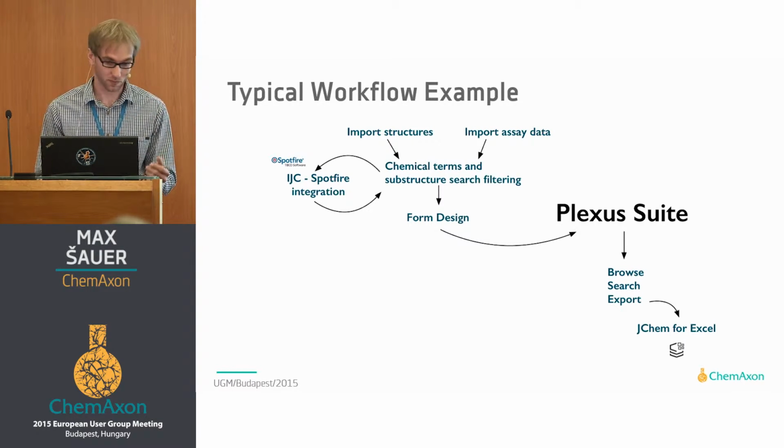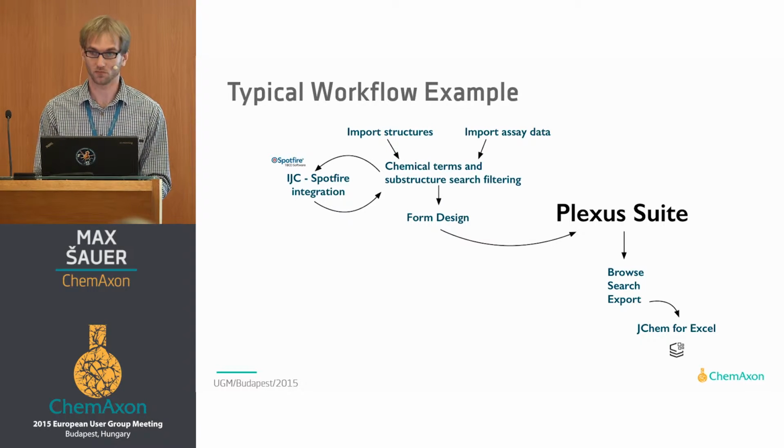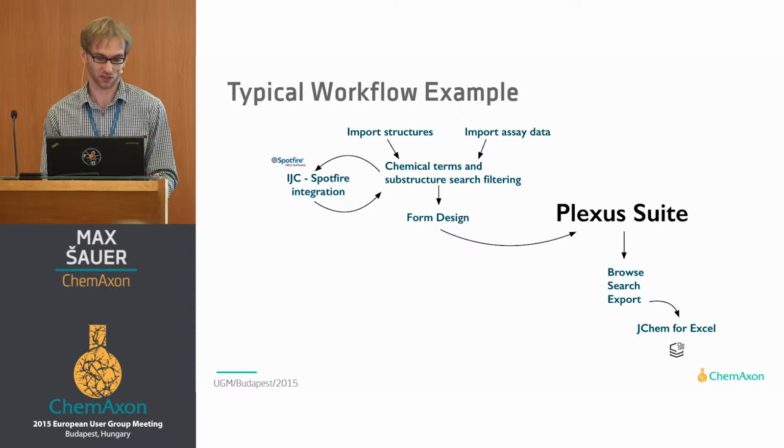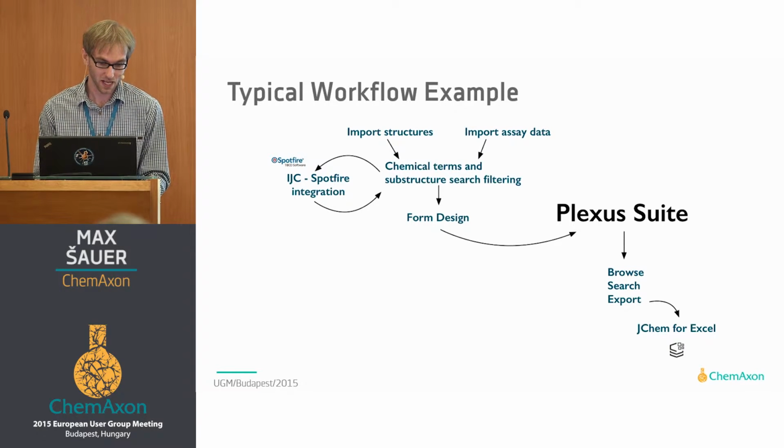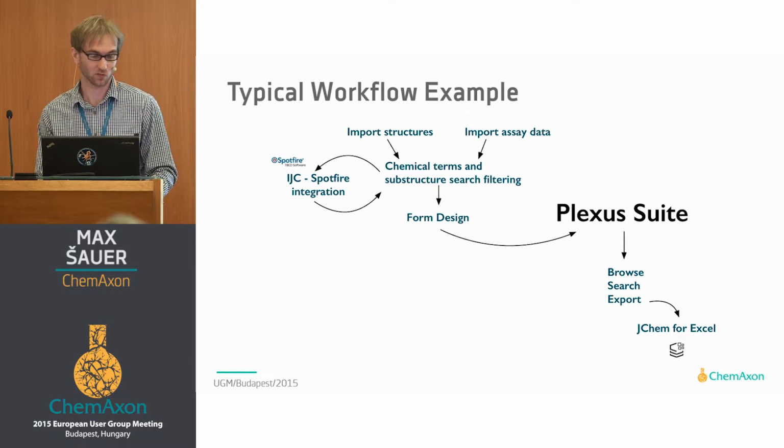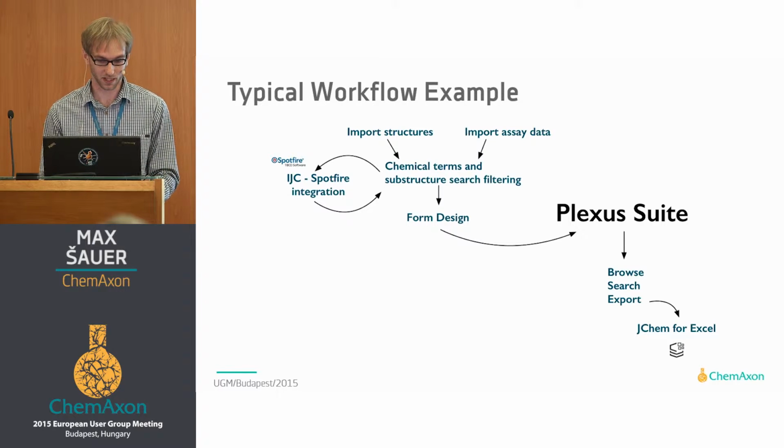Here you can see a typical workflow example. Within Instant JChem, you can use our embedded form designer to do your chemical searches, narrow down your data, and do your chemical filtering. Before you can do that, you have to import those structures, and you can also import your assay data, making it relational data after that.